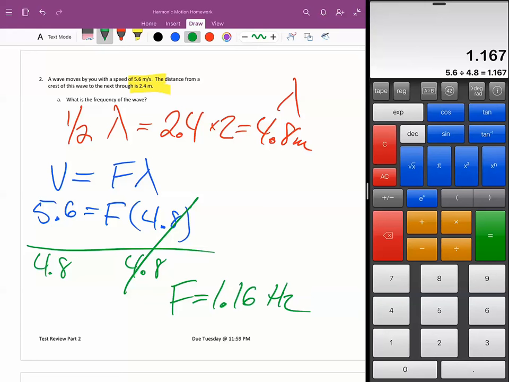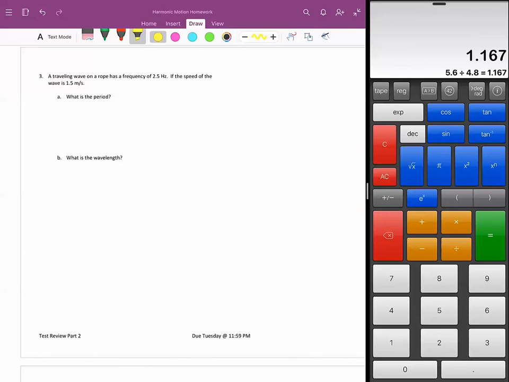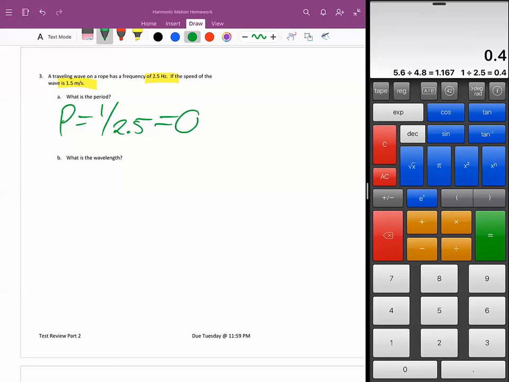Number 3, we have a frequency of 2.5 and a speed of 1.5 meters a second. Letter A is asking for the period. Your period would be 1 divided by 2.5. So your period is 0.4 seconds for each cycle.